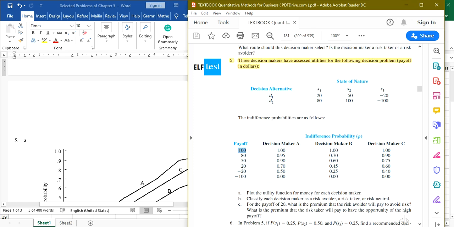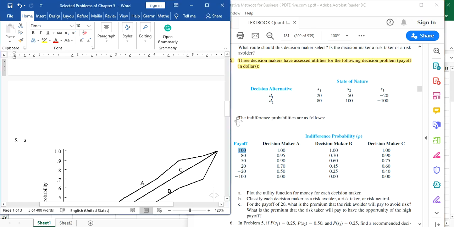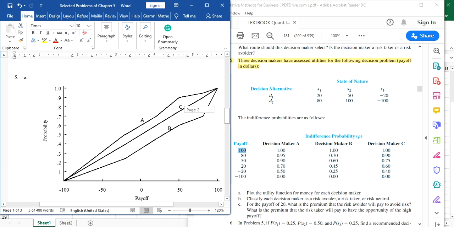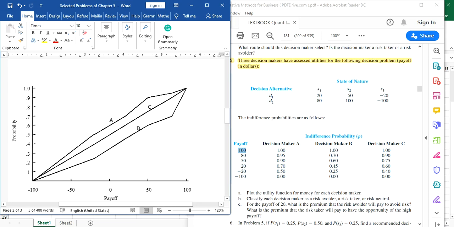So let's plot. The first one is asking us to plot the utility function over here. So when we plot it, we have the probability over here, indifference probabilities actually, or we could have utility here, and then payoffs in dollars over here, monetary values over the horizontal axis.